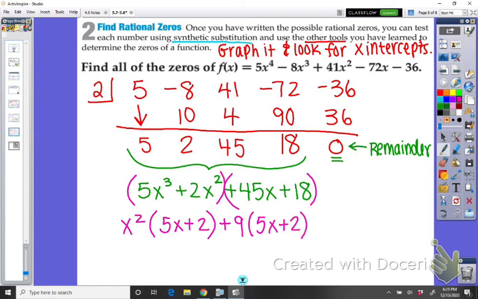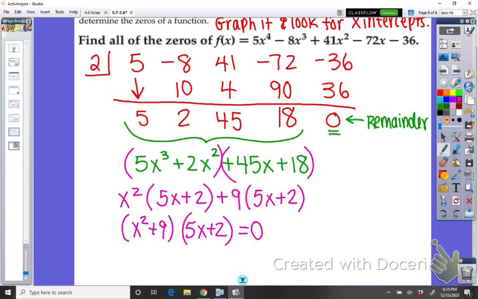So the parts in parentheses match. Let's write that once, 5x plus 2. The fronts of the other ones, x squared plus 9. x squared plus 9 is not a difference of squares, so you can't go any further as far as the factoring goes. But we're not quite done.